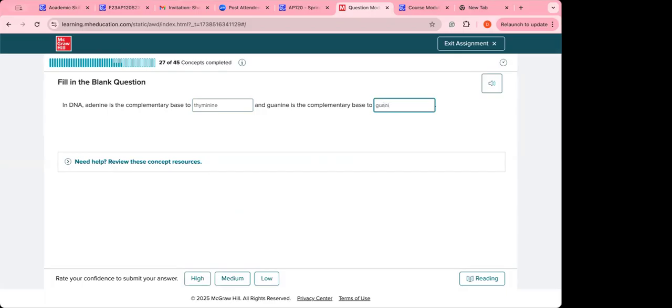No, cytosine. You have guanine already. Cytosine. I make sure it's spelled correctly.